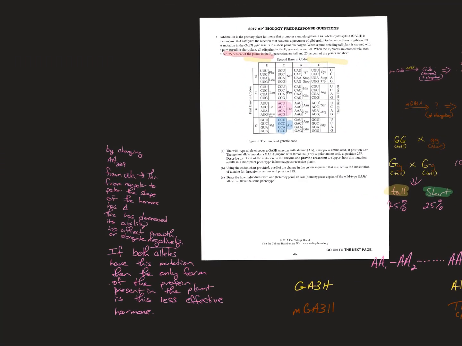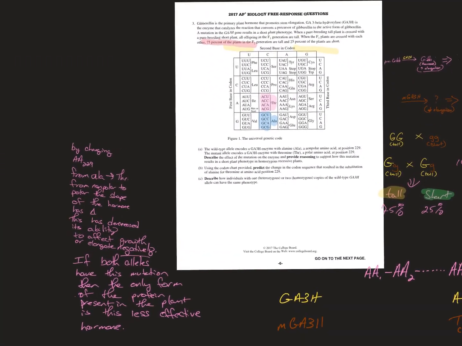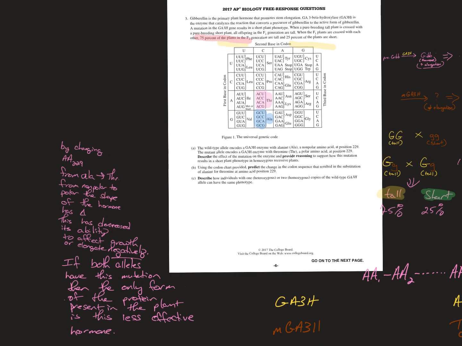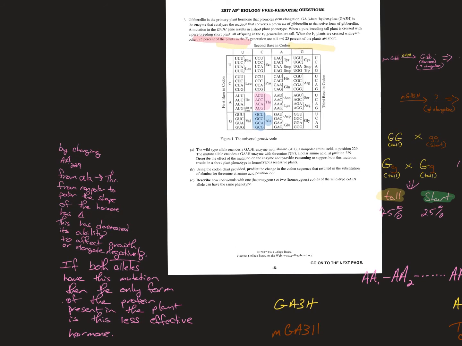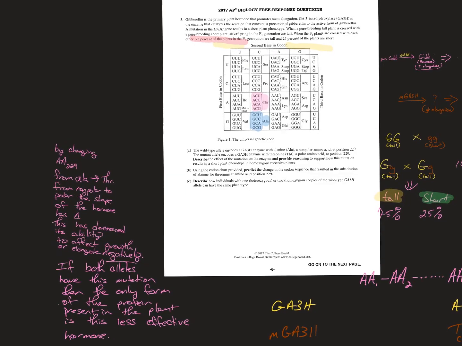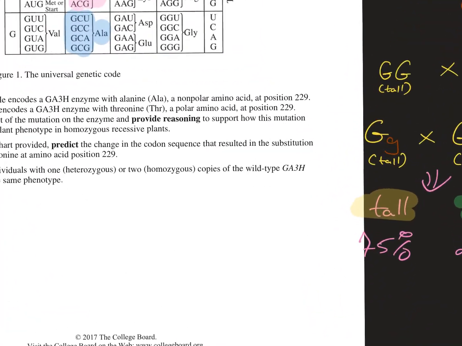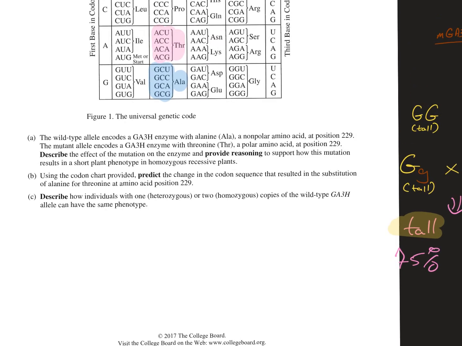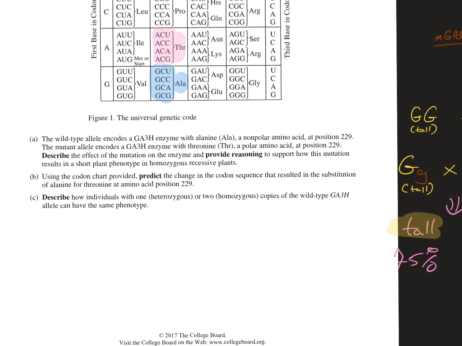If you looked at A, I said if both alleles have the mutation, then the only form of the protein present in the plant is this less effective hormone. So C is asking you to describe what would happen. Why is it that if you have a big G, little g, you get this tall, but if you get a big G, you also get tall? How is that possible?